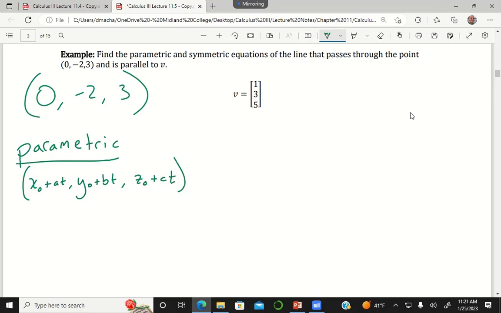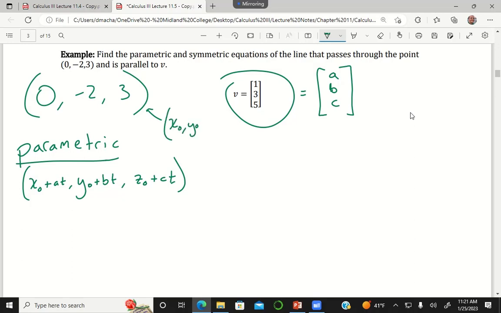And since my line is going to be parallel to this vector, that is going to be my vector with a, b, c as the entries. And of course, since this point belongs to my line, this point can be my coordinates x naught, y naught, z naught.